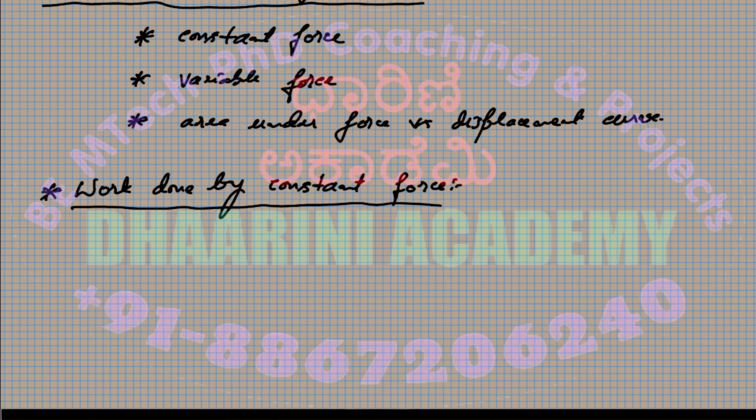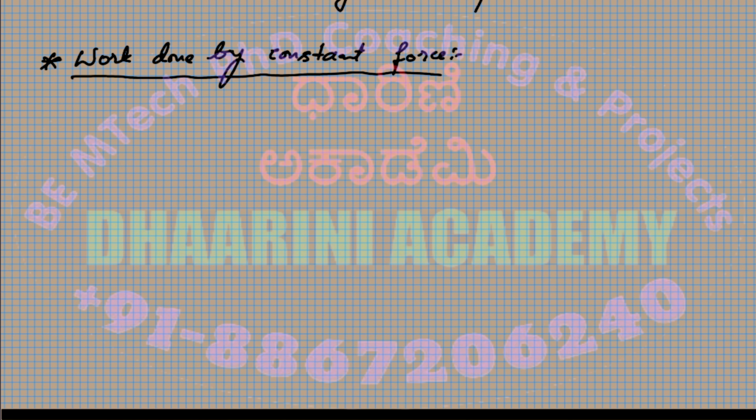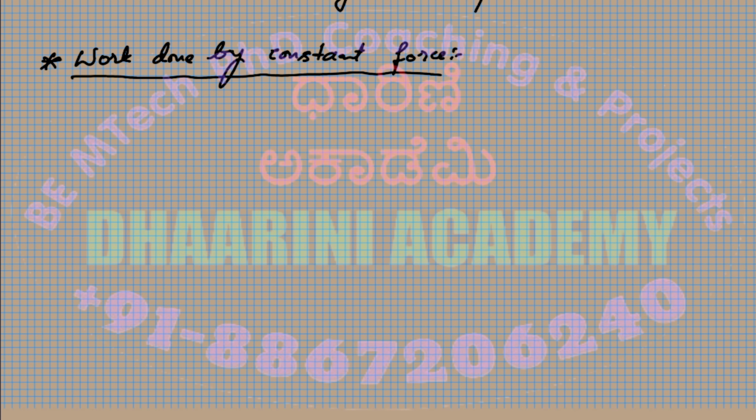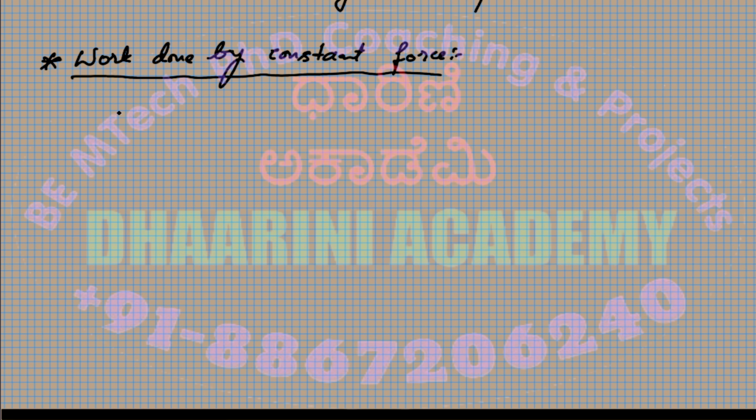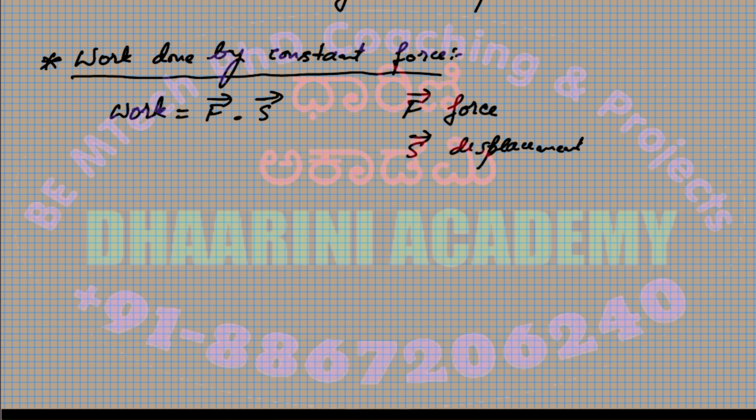Right. So fundamental equation, there is a force and in some direction you have a displacement. So work is equal to F dot S. F is a force, S is a displacement. Whenever you try to write this is the force F vector and S vector denotes the displacement. Right. So dot product. So how do you find out a dot product?